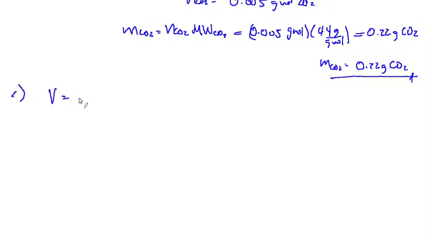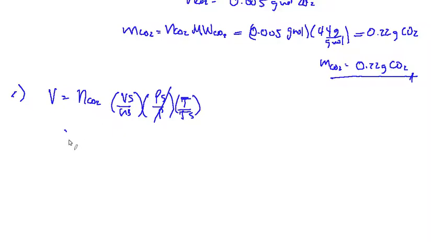We're going to use ideal gas for this. Okay, so it's the amount of moles of CO2 times the volume at standard conditions. This is standard conditions, so this is 1 atmosphere, it goes away.